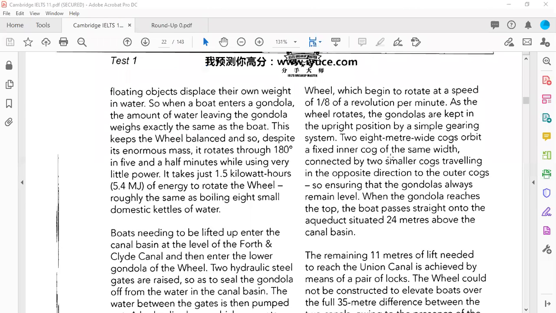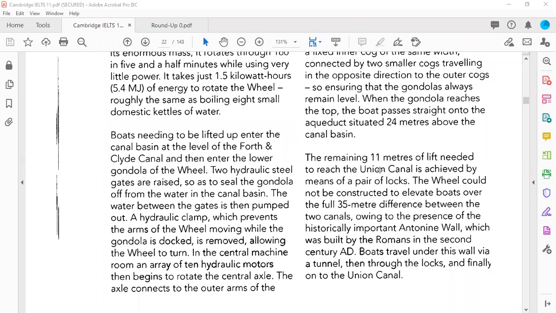What's the meaning of aqueduct? Aqueduct is aqua, which is water, and a duct is like a channel. Let's say this is like a gutter for water. I can't draw, I'm a very bad artist, and there's water in here.